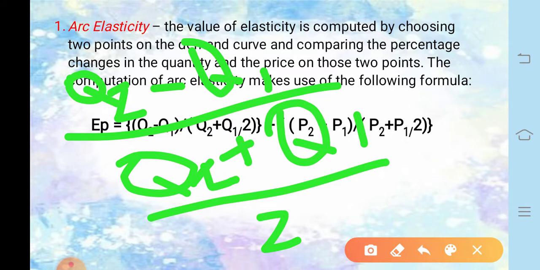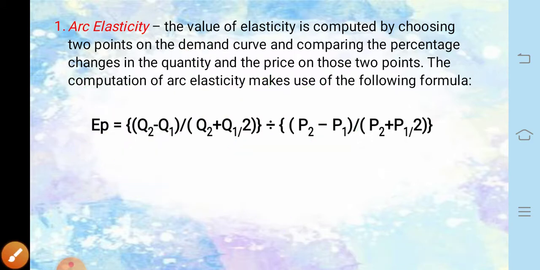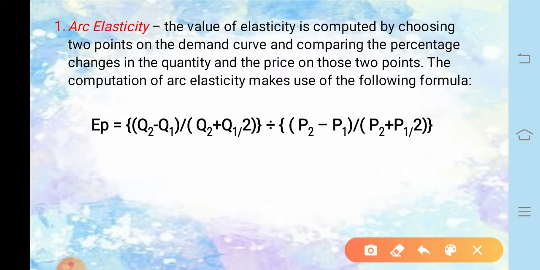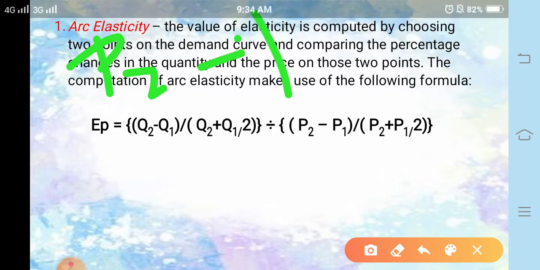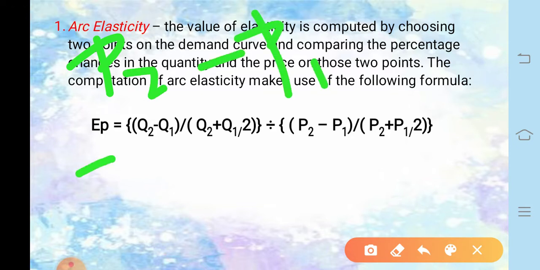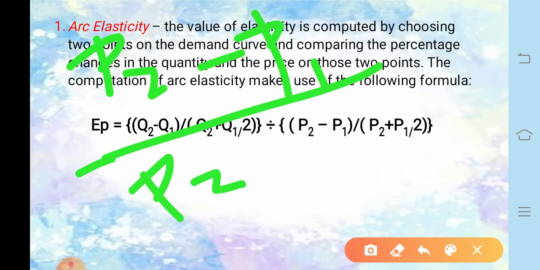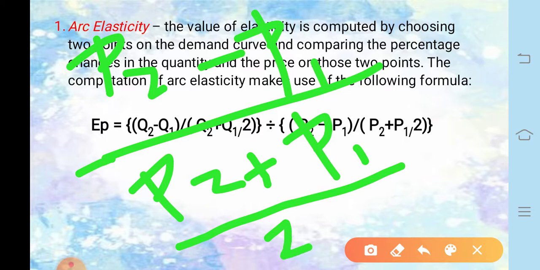Nakuha. Ganyan yan ang pag-arrange niyan. Okay. Divided by P sub 2 minus P sub 1 over P sub 2 plus P sub 1 all over 2. Okay, the same lang yan.